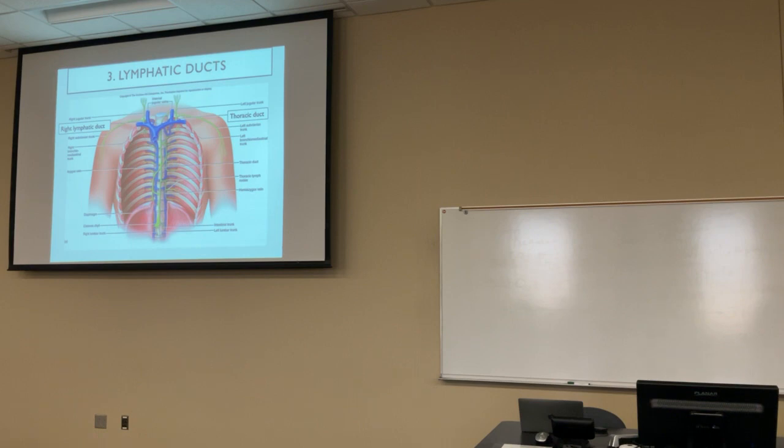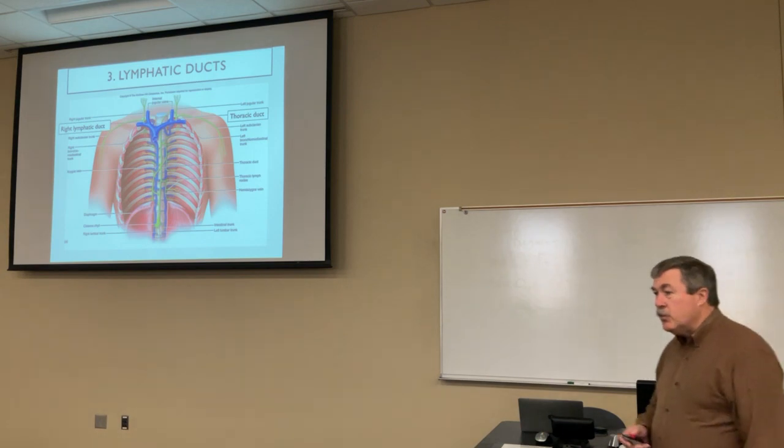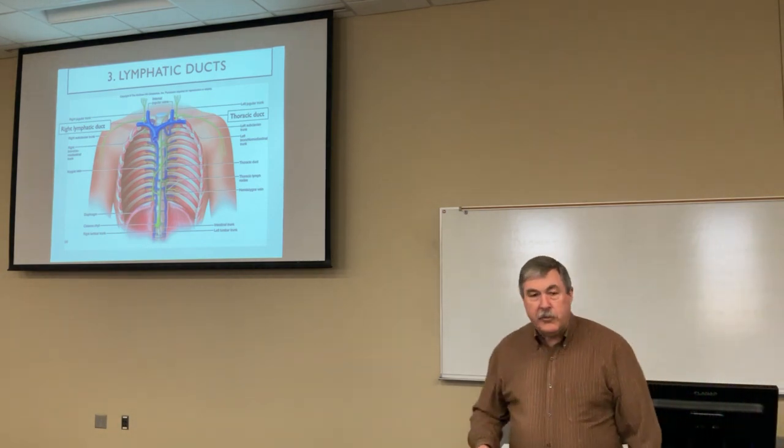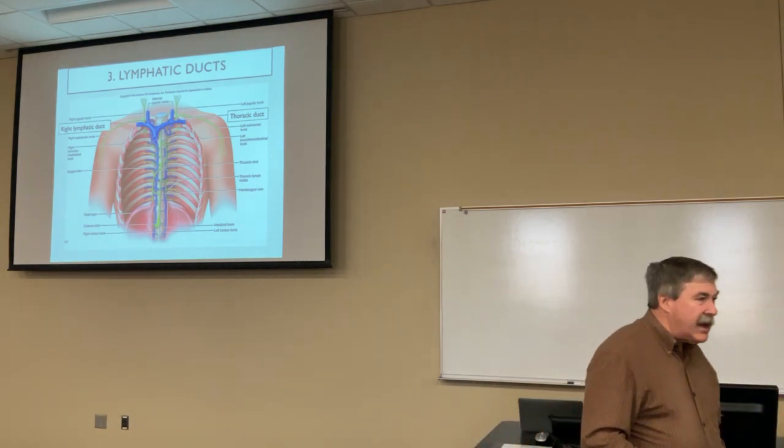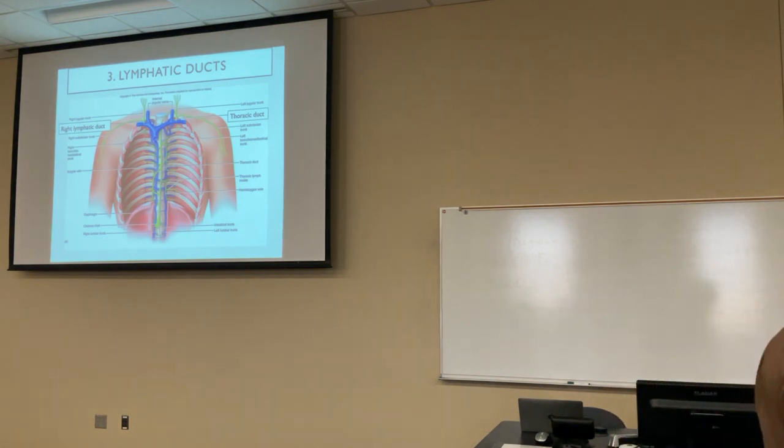Okay, the largest one is called the thoracic duct. The thoracic duct receives lymph from all of the left side of the body and the lower right side of the body. So the lower part of the right trunk and your legs, as well as all the lymph from the left side of the body, eventually flows into the thoracic duct.